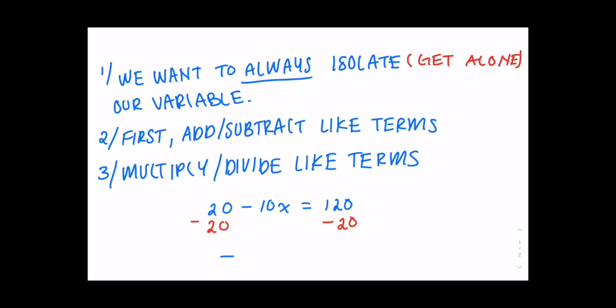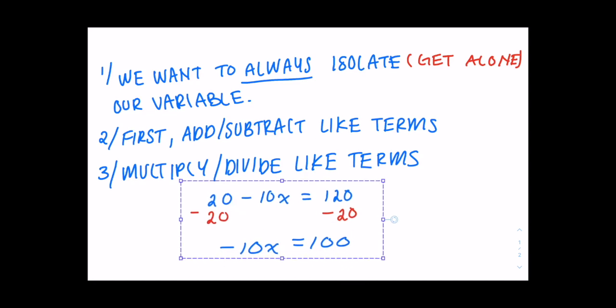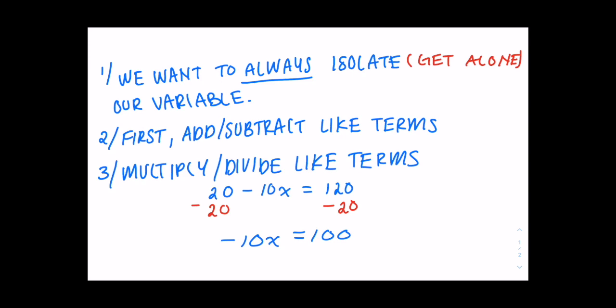So then we're going to get negative 10x is equal to 100. And then finally, we get that x is equal to 100 over negative, don't forget the negative sign, 10. So then x is equal to negative 10.